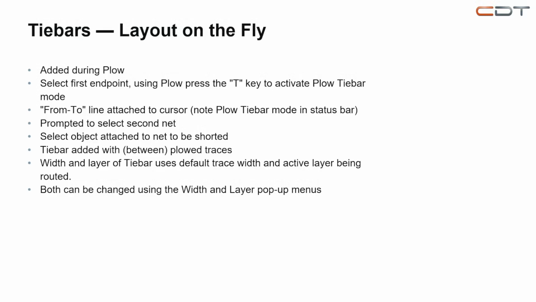You start to trace, you start to plow, then you select first endpoint, press T, activate Tiebar mode, click the second net to attach the net red net line, and finish the connection. That's basically it. You got the easiest, the fastest Tiebar that can exist.